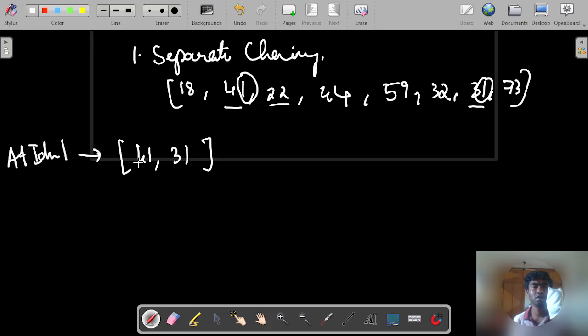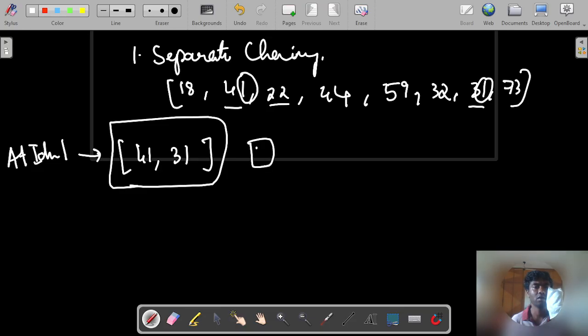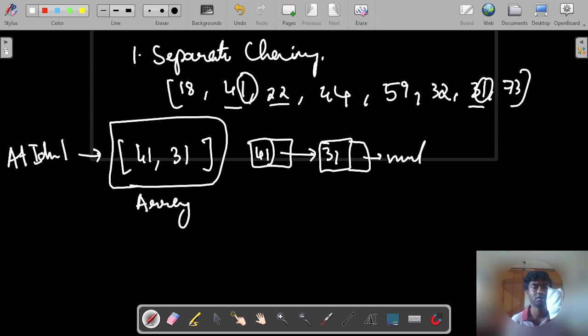index 1, creating a list of values that are required to be stored at index 1, or we can even have a linked list which points to the next value like this, right? And this can be null. So either array or linked list.